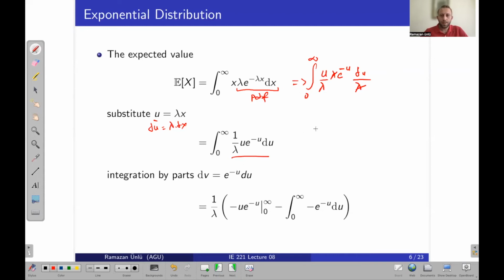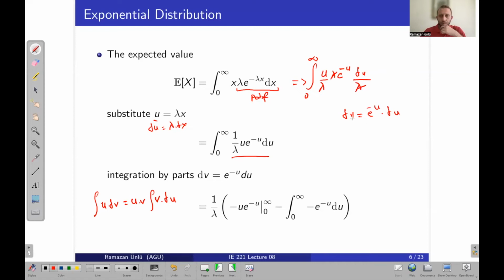So let's say that dv is equal to e to the minus u du, okay? And remember the partial integration, which is the integral of u dv is equal to u times v minus the integration of v times du, okay?